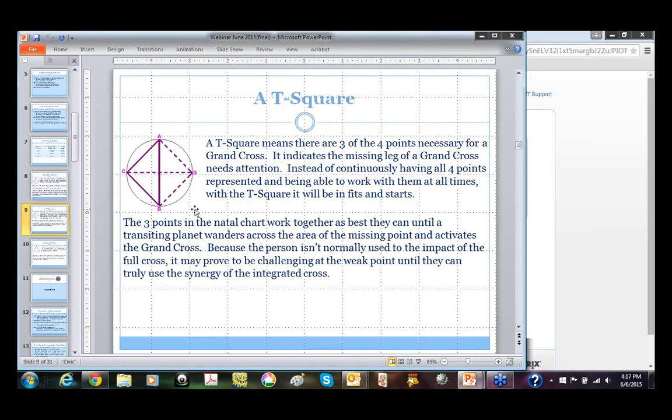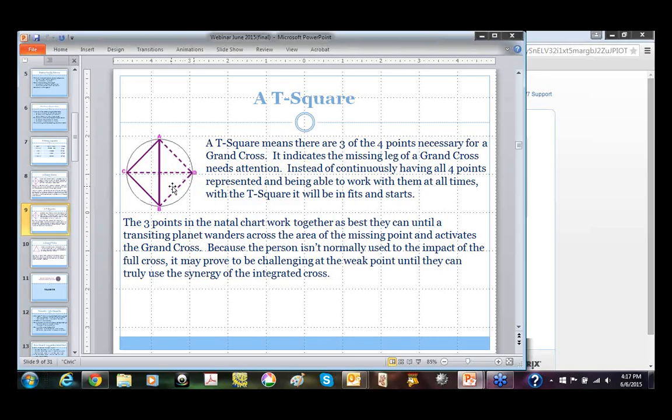And you're going to get that in fits and starts several times a month, several times a year, as planets transit around there. The 3 points work together as best they can. You've got the one axis and then the square. And this part here is just kind of that void until a transiting planet wanders through that missing area and it activates your Grand Cross.